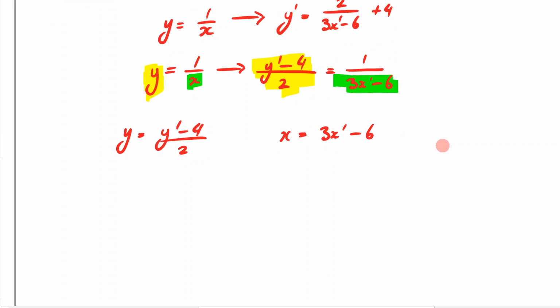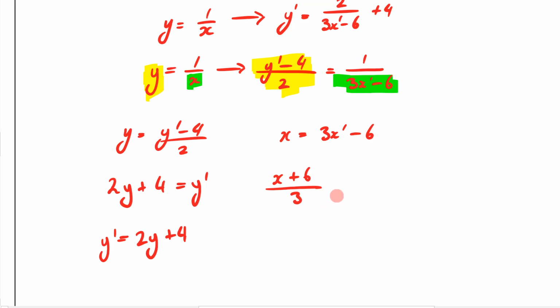Then after I've done that, I now rearrange to find y dash, so I'm going to get 2y plus 4 is equal to y dash. I just wrote it left to right because I'm strange that way. And then x plus 6 divided by 3 is equal to x dash. So x dash is equal to x plus 6 over 3.